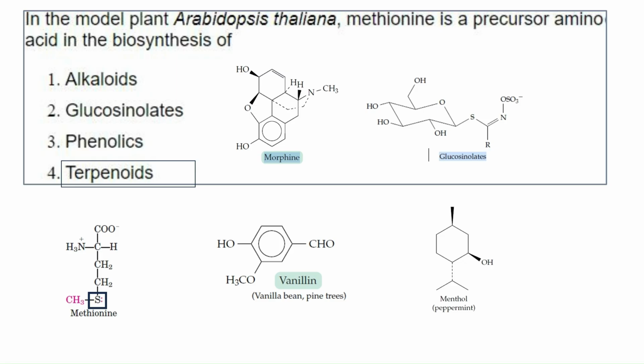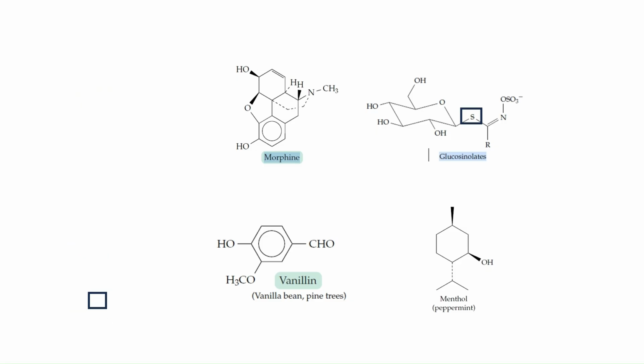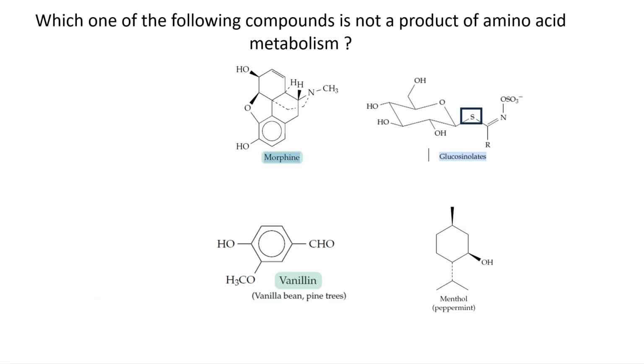Now, as you can see, only one of the options has a sulfur group. So, the answer is option 2, glucosinolates. Now, this same question can be asked in another way. Which one of the following compounds is not a product of amino acid metabolism?